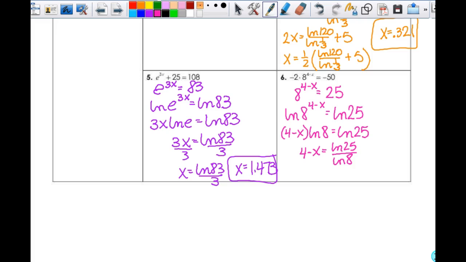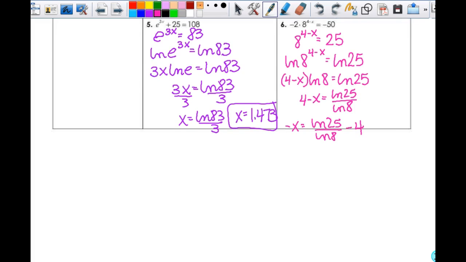I'm going to move that 4, so I get negative x equals the natural log of 25 over the natural log of 8 minus 4. I don't want negatives. What do I want? Positive. You can divide or multiply through by -1 either way, but make sure you do that for every single term. So x equals negative natural log of 25 over the natural log of 8 plus 4. Or I guess you could put negative and put parentheses around it either way. All right, so get that typed in. Let's see if we can all get it typed in right.